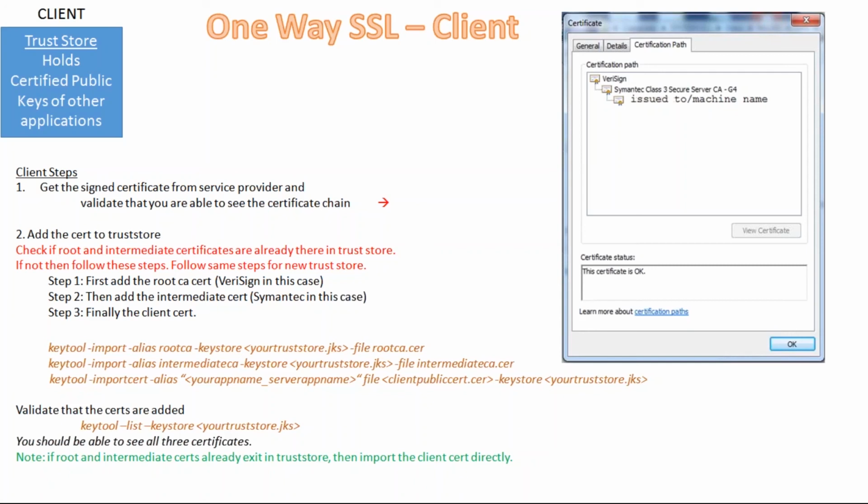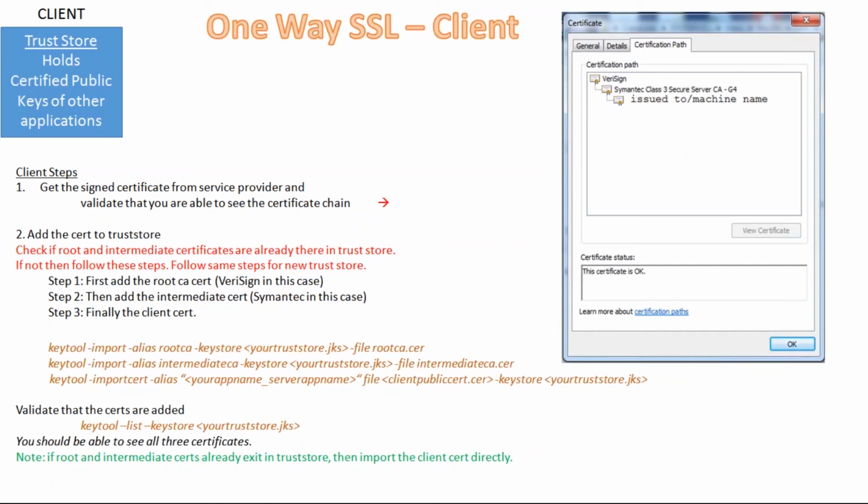This is a sample you can see. There could be an intermediate certificate also, or it might be two levels of certification. That depends on the organization policy, but you will see the certificate is signed by a trusted certification authority like VeriSign or Symantec. Once you receive the certificate, you have to add it to your trust store.